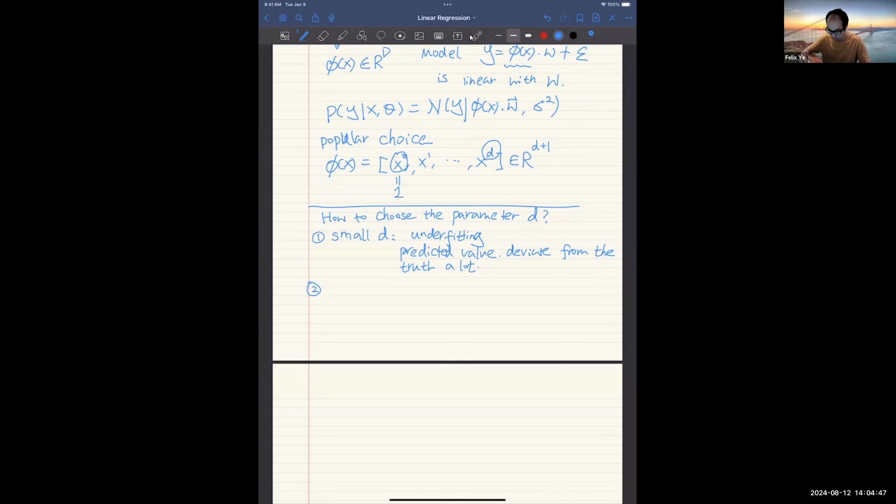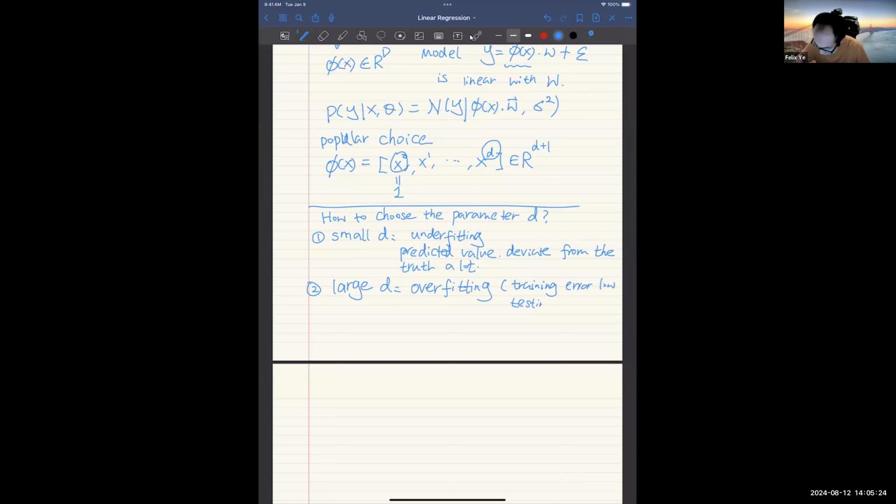Next is the situation with a large d. If d is large, the degree of freedom is pretty high, and it is the situation of overfitting. For overfitting, the training error is low but the testing error is high.